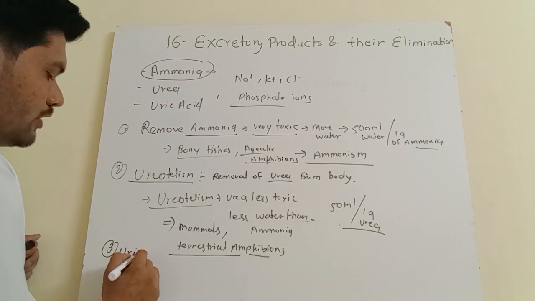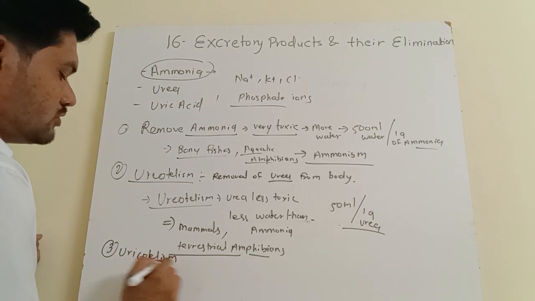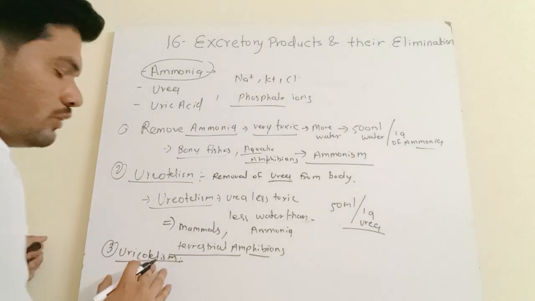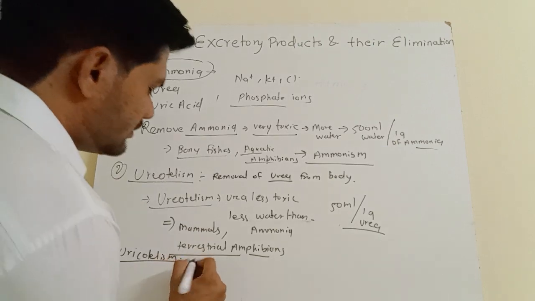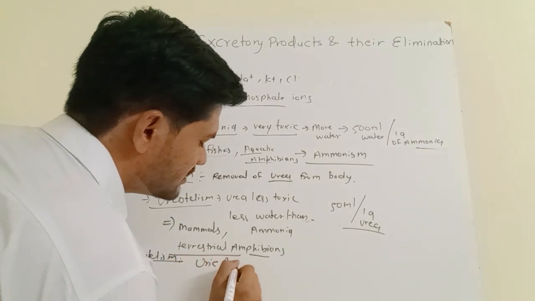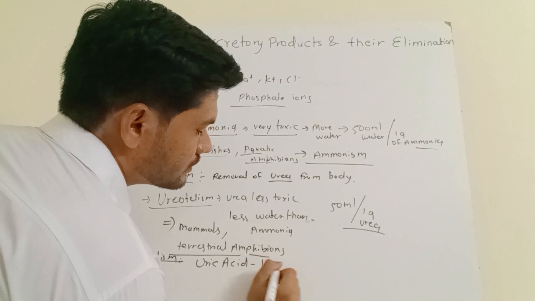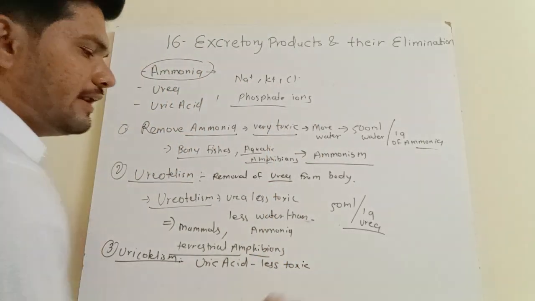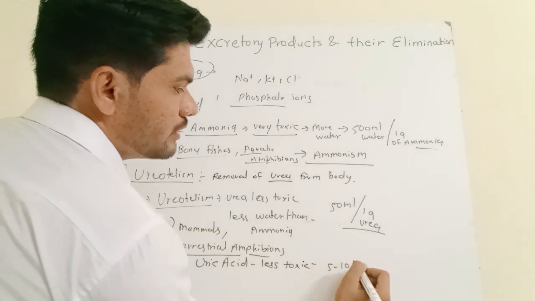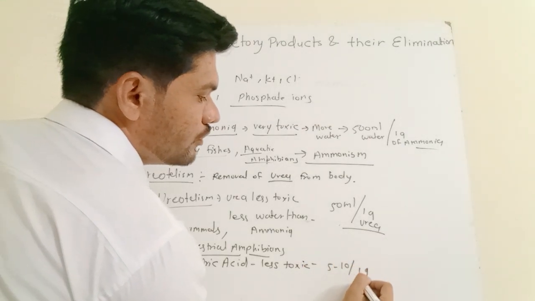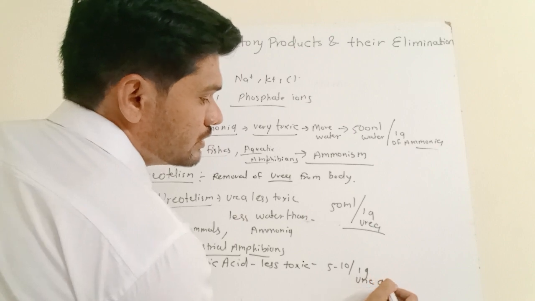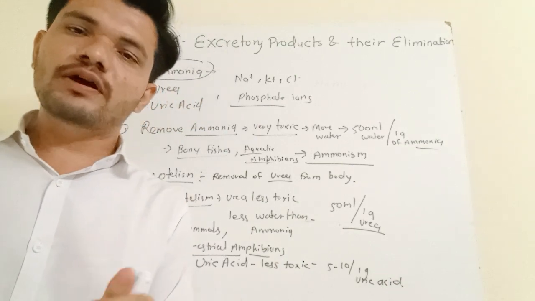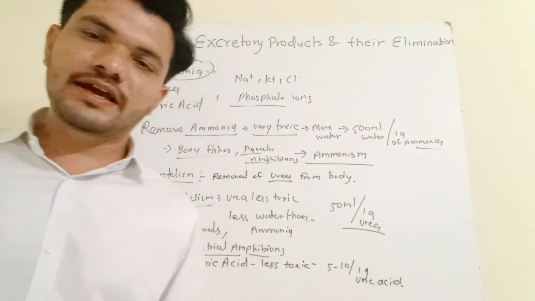And the third type, I hope it is visible to you, is uric acid, or we can say uricotelism. Some organisms convert these nitrogen wastes into uric acid, right? And they remove uric acid, which is much less toxic than both of them, and it requires almost 5 to 10 ml of water to remove 1 gram of uric acid, or sometimes no water at all.